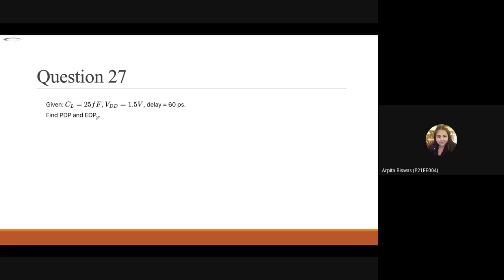What is the value of this PDP? I'm giving the equations. Just put the values and calculate it on your own. PDP equal to half of CL into VDD square.